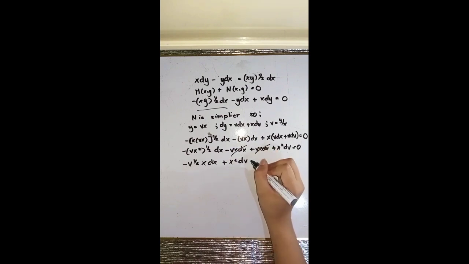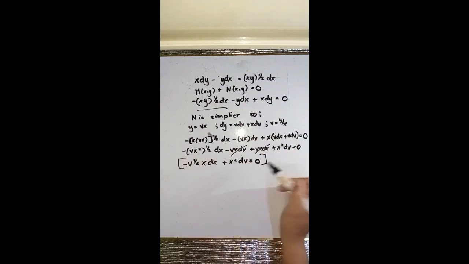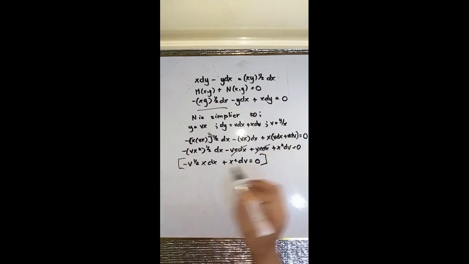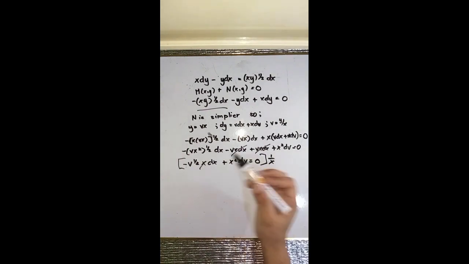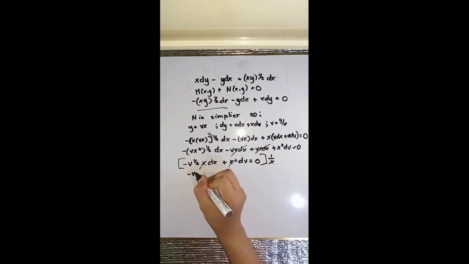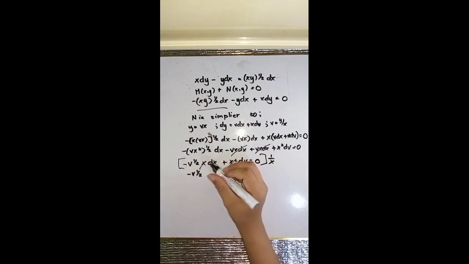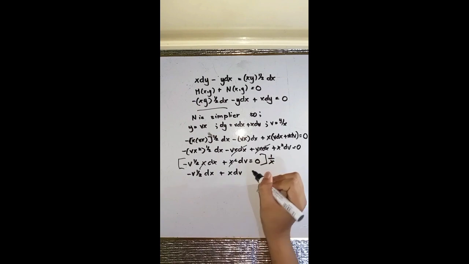Now we need to get rid of all the excess, so we'll factor them out on both sides by 1 over x. So the resulting value will become negative v^(1/2) dx plus x dv equals 0.